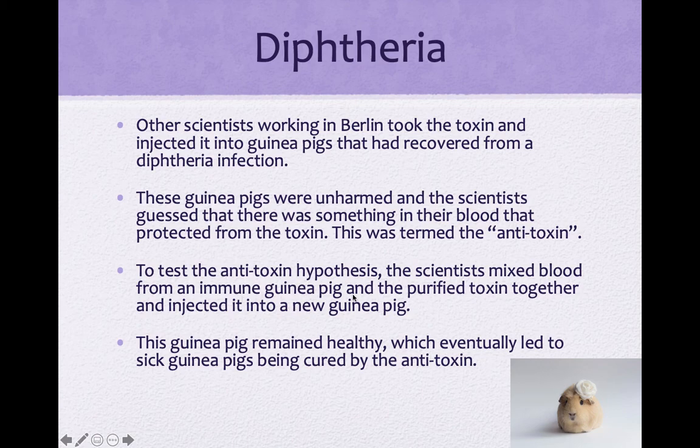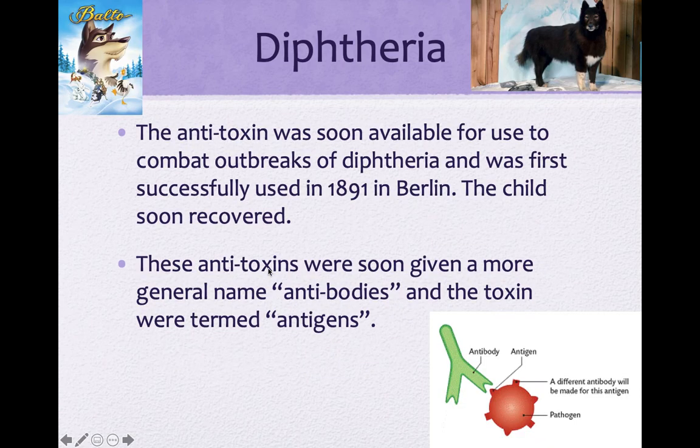And when they injected that new solution inside of a brand new guinea pig that had never seen diphtheria, it was able to remain totally healthy, which means that there's something inside of that guinea pig's blood that was able to neutralize the toxin that protected another guinea pig. And that was the key here to figure out what was going on.